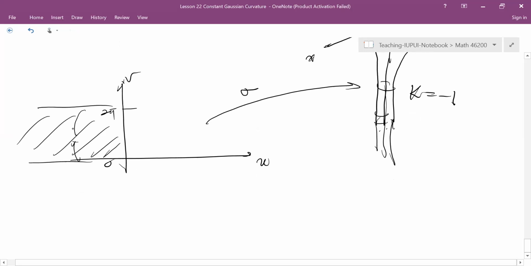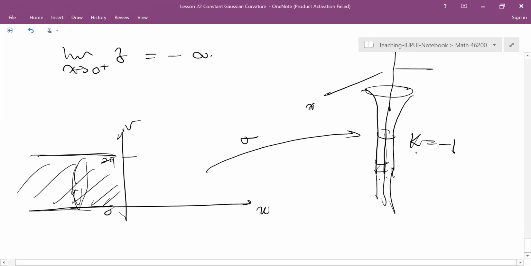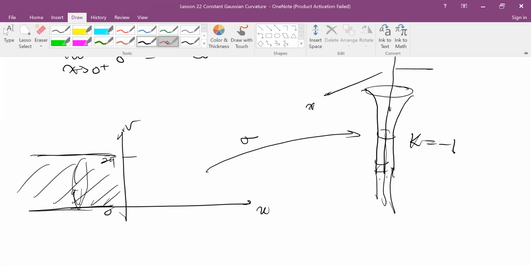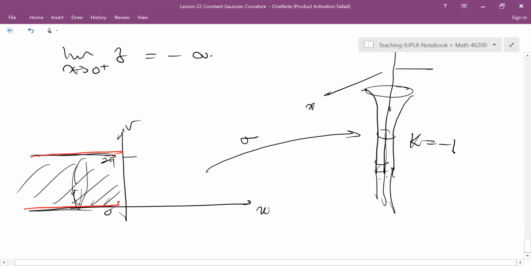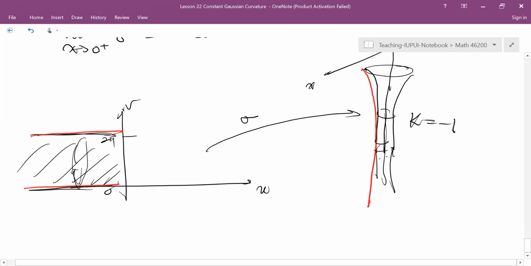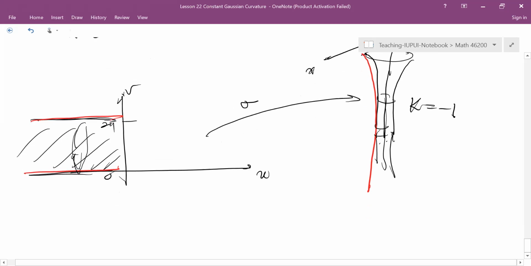So you get some kind of a cylinder glued together, right? This line and this line will be sent to this other line. Just rotate clockwise 90 degrees and close it, make a loop, make a cylinder that's getting smaller and smaller when you go to negative infinity. Okay, so that is a picture.